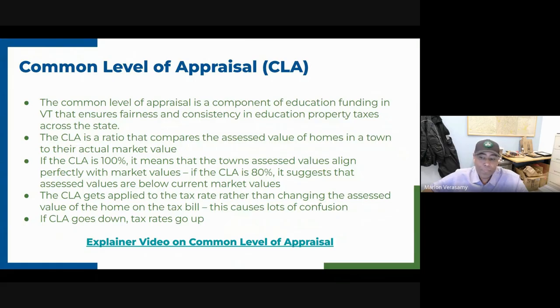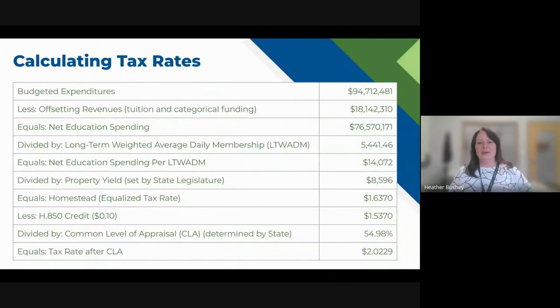So, okay, I just want to bring us back, because we just went through all of these. So we're just going to look at this one more time. We talked about budgeted expenditures. We talked about the offsetting revenue. That gets us to the net education spending. We divide that by our weighted average daily membership.